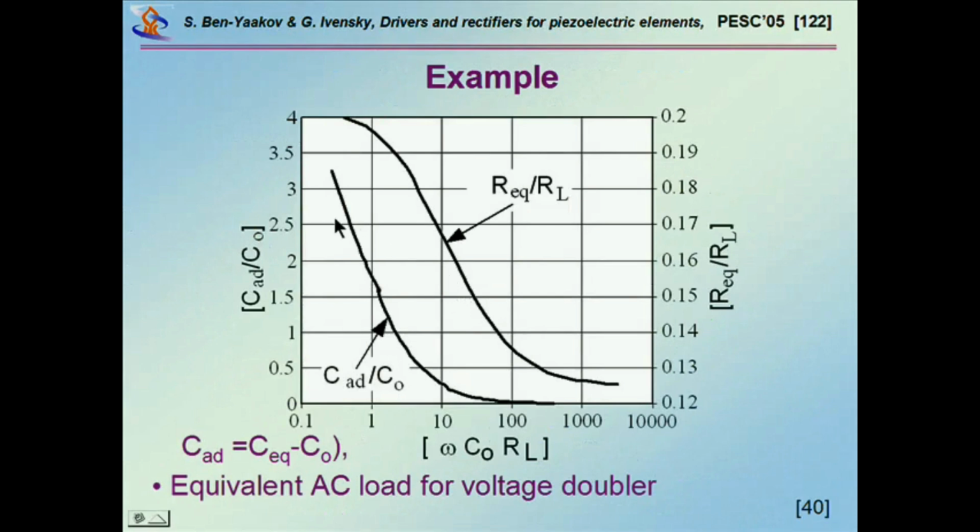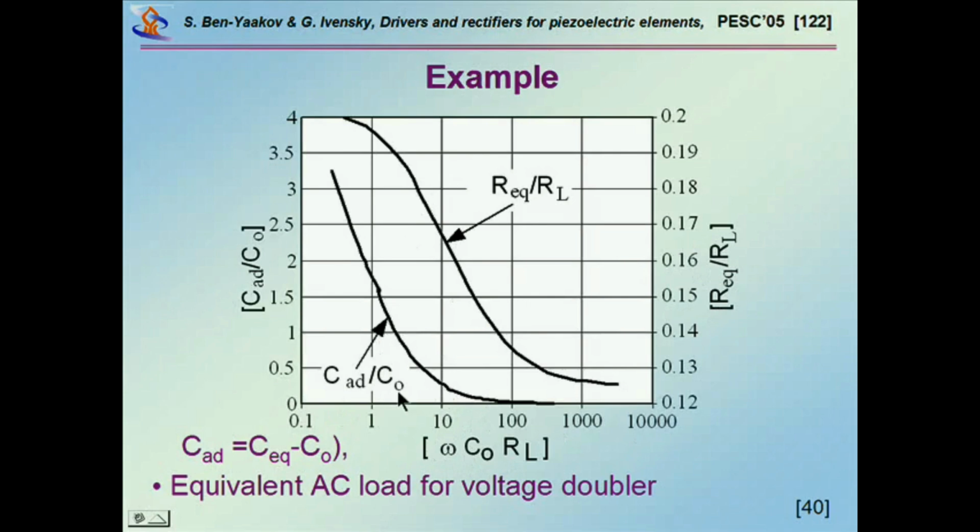Okay? So, again, this is an example. This is the equivalent AC load for a voltage doubler. It's a particular case, just to demonstrate. And what it shows here is the following. If you have a transformer which is loaded by a voltage doubler rectifier, then depending on the actual DC load, this is the DC load, only normalized, you can calculate the equivalent resistor and the equivalent capacitor.